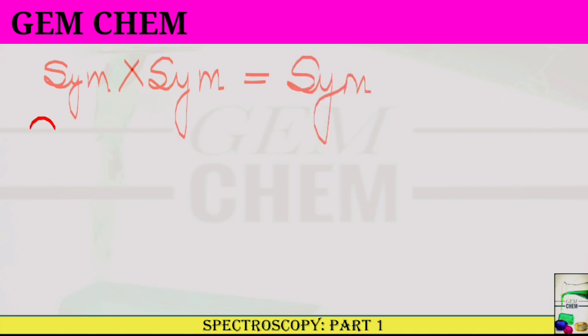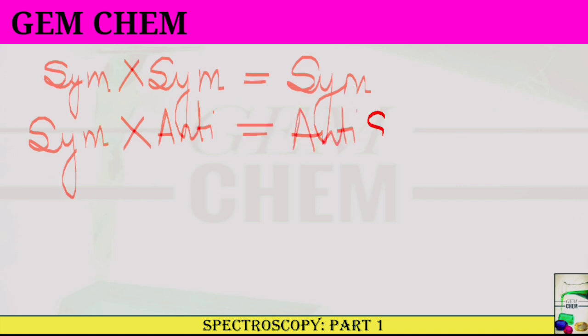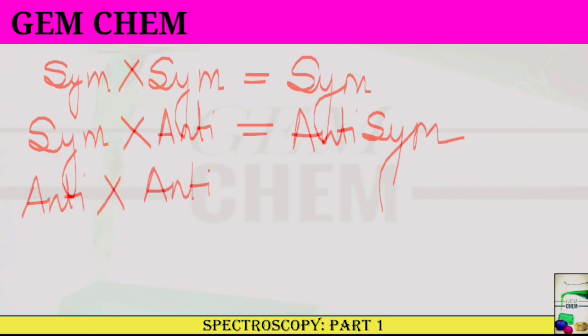Similarly, when we multiply any one symmetric with antisymmetric, we are going to get antisymmetric. And the last one is if we multiply antisymmetric with antisymmetric, we are going to get symmetric.